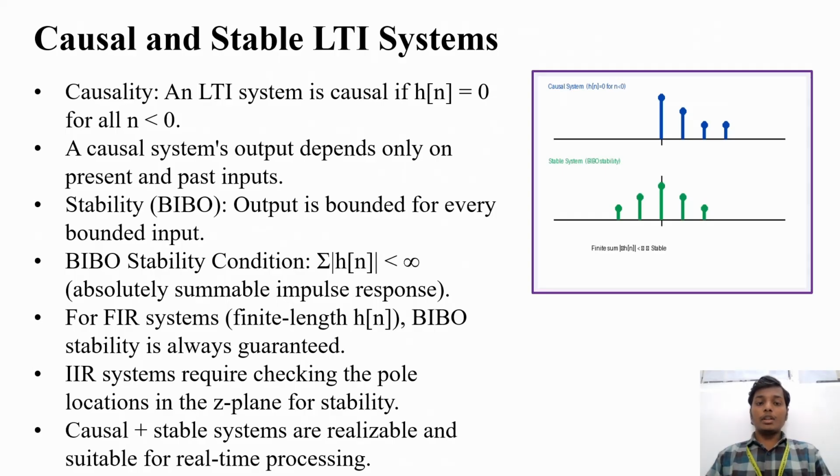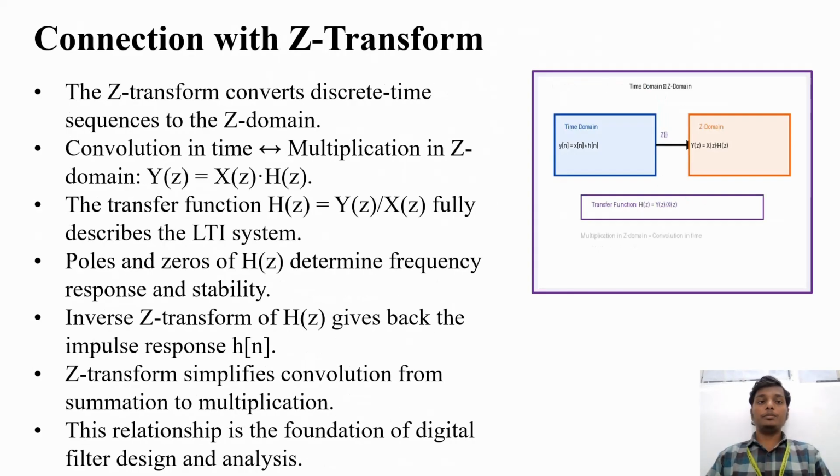BIBO stability condition: summation of mod h[n] less than infinity, meaning an absolutely summable impulse response. For FIR systems, with finite length h[n], BIBO stability is always guaranteed. IIR, infinite impulse response systems, require checking the pole locations in the Z-plane for stability. Causal plus stable systems are realizable and suitable for real-time processing.